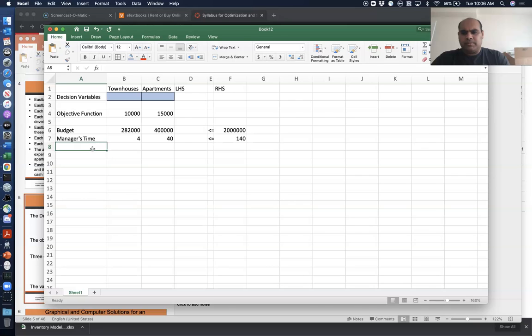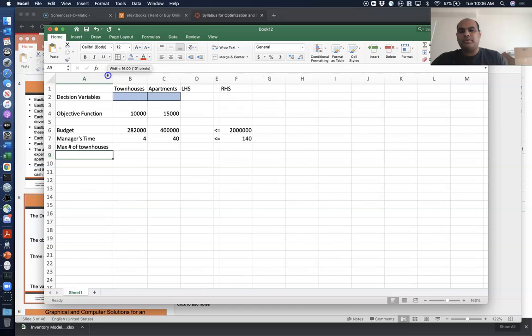And then finally we have the maximum number of townhouses. Now, there's no maximum limit on the apartments because the construction company will build as many apartment buildings as it wants. So the maximum number of townhouses is 5, right? We have all less than or equal to constraints.